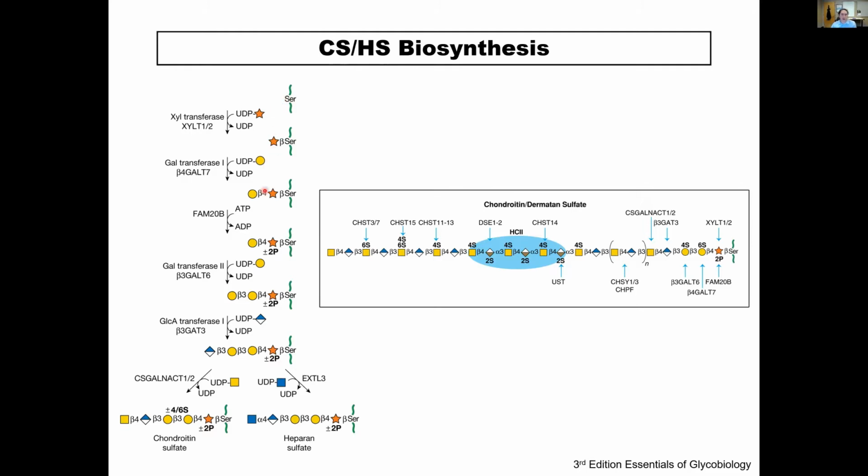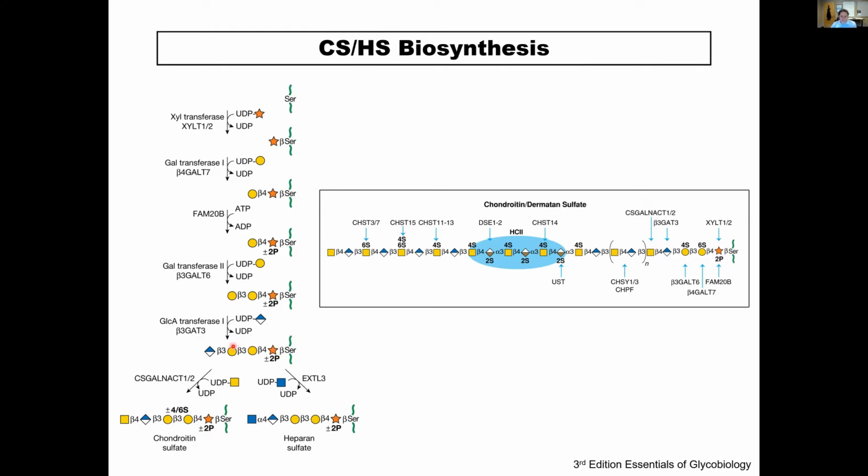Then 2 galactoses are added by specific enzymes, and then a glucuronic acid residue is added by the B3GAT3 enzyme. This is what's known as the tetrasaccharide linker region, which is common for chondroitin sulfate and heparan sulfate. I just wanted to highlight that here.